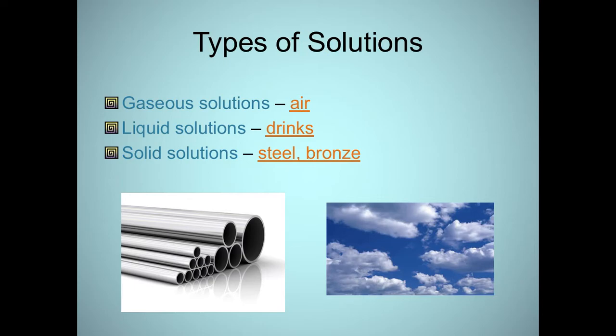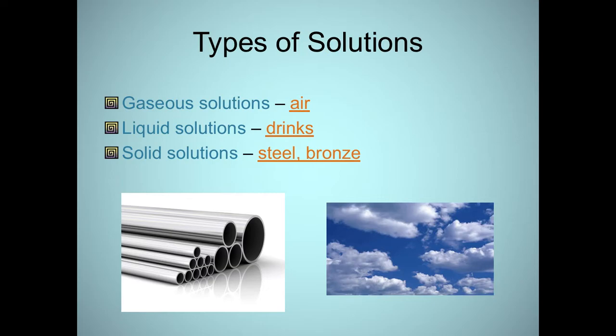Now, there are different types of solutions that you're going to be coming across. One example is a gaseous solution. The air is a mixture of different types of gases like carbon dioxide, oxygen, helium, nitrogen. Those are all dissolved in each other.